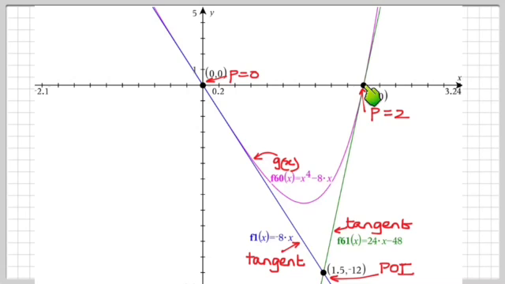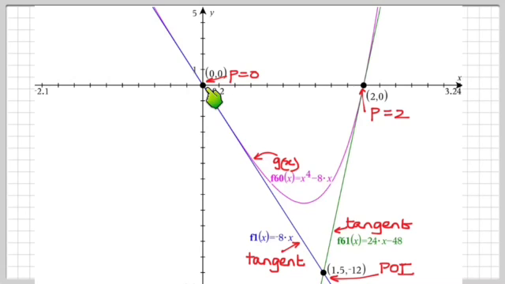So if it touches it where x is 2, it just happens to coincide with the right-hand-most x-intercept of g of x, very cunningly, and also where p is 0, that is x is 0, that is the point where the tangent line touches the curve at the left-hand-most x-intercept of g of x. So it's very amazing. This question has been craftily prepared so that it would come out beautifully like this.